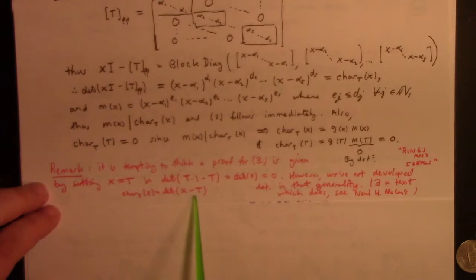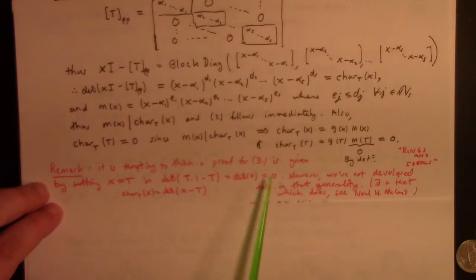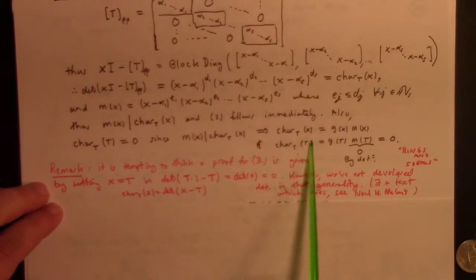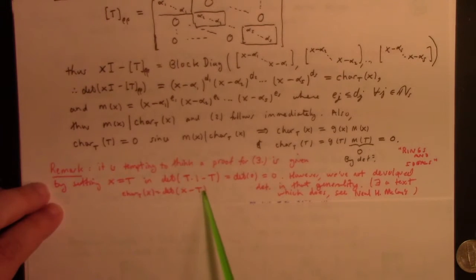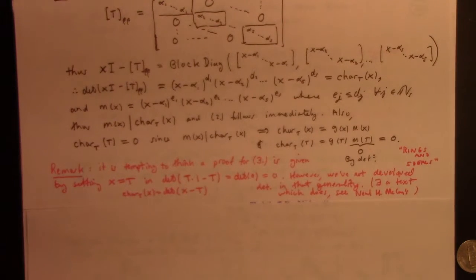But that's not a valid proof, because when we say plugging T into the characteristic polynomial, we're taking the expression formed from the determinant of xI minus T. That gives us a polynomial, and then we're plugging T into that. There's really no reason that should be the same as plugging T into the determinant itself, at least in principle. Now, in practice, the Cayley-Hamilton theorem is true, so you could argue, well, it works.